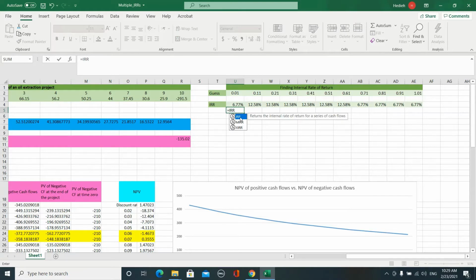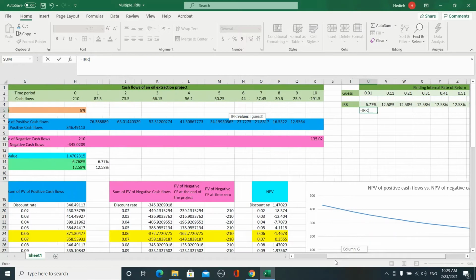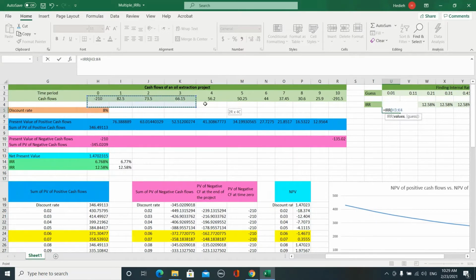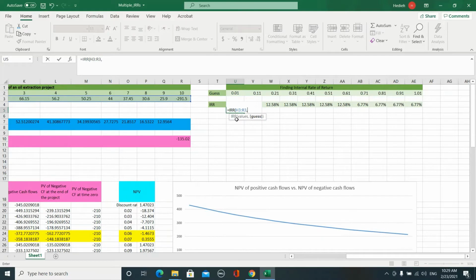IRR function calculates internal rate of return for a given stream of cash flows. So you should choose the stream of cash flows. Then you should put a comma and you should choose the initial guess that you have for internal rate of return. And you should close the parentheses.